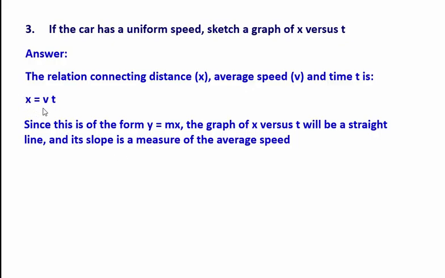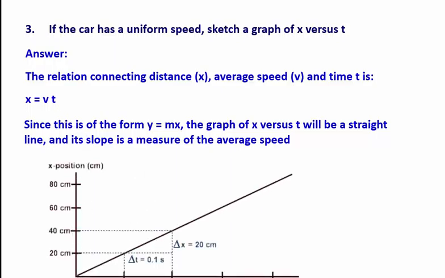So, since this is of the form y equal to mx, the graph of x versus t will be a straight line, and its slope will be a measure of the average speed. So here I have a graph of x on the y-axis and time t on the x-axis. The slope of that graph, delta x divided by delta t, is a measure of the average speed.